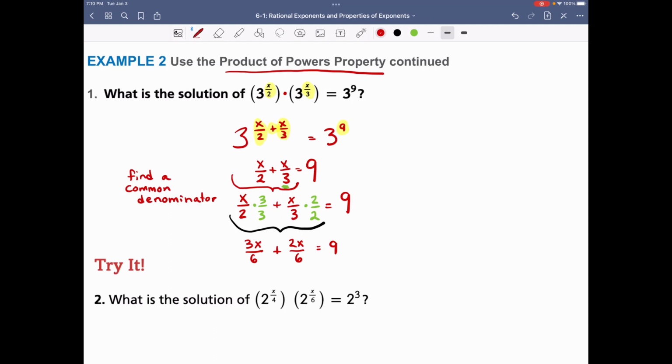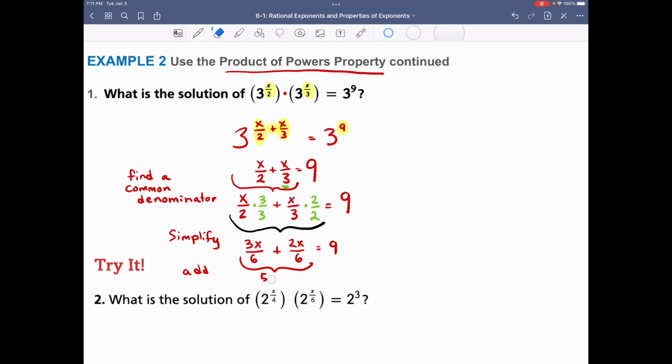Now that they have like denominators, we can add. So that step that we just did was simplify by multiplying. And then we're going to add these. And that becomes 5x over 6.